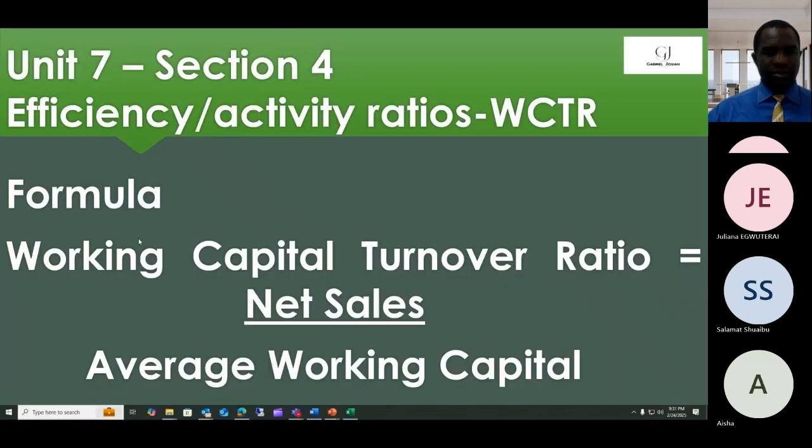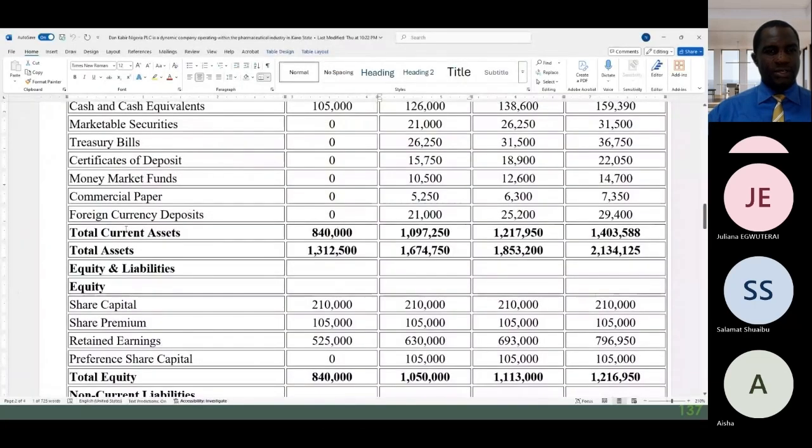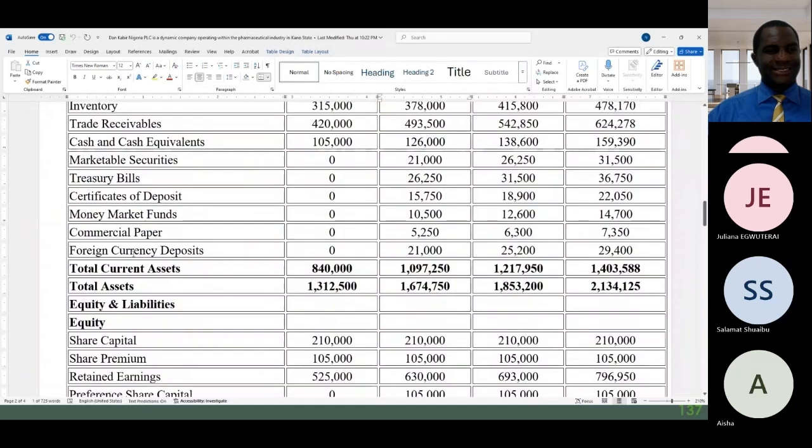Okay, so let's go to the question and pick our total current assets. That will be this.